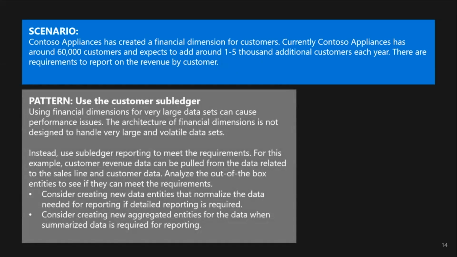Well, I think you should not have that many dimension values, for one. And I think that is a clear sign, right? Since it's the customer account number, that you need to use a customer subledger and implement accounts receivable, basically, because of using financial dimensions for that many values.